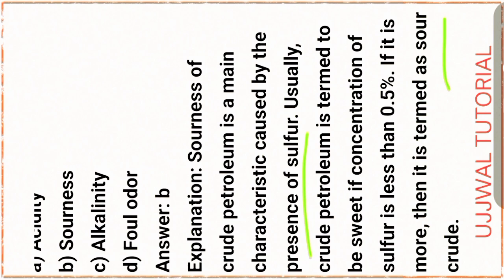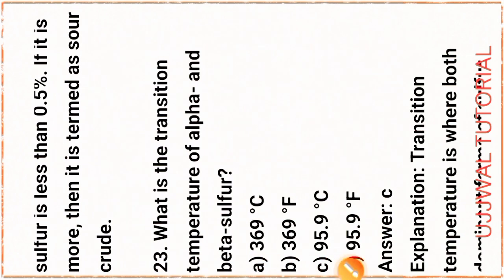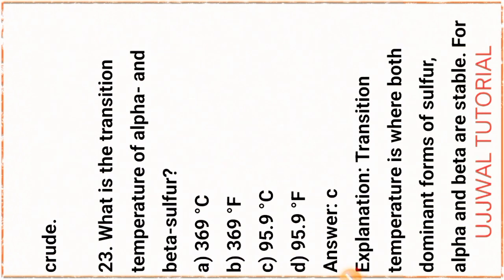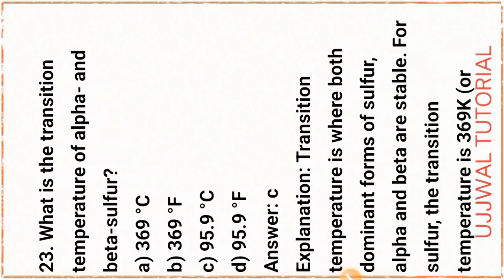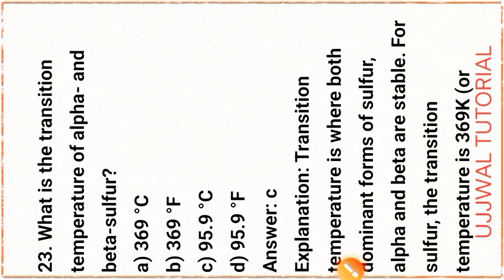Next question, number 23. What is the transition temperature of alpha and beta sulfur? Answer C, 95.9 degrees.